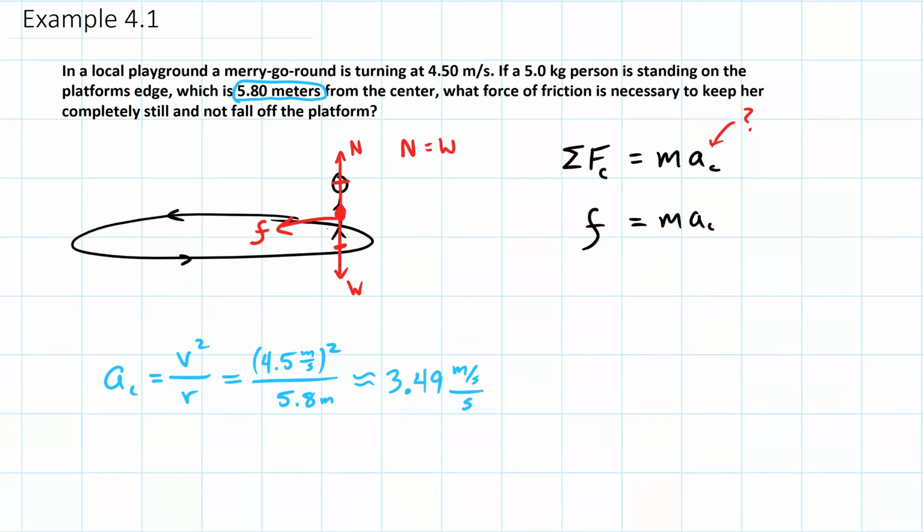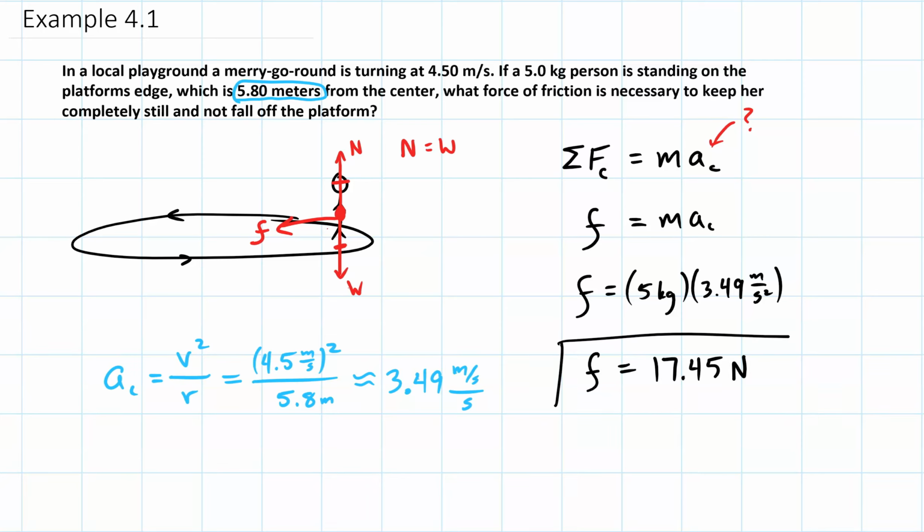We know the mass and we know the centripetal acceleration, so now it just comes to plugging in values. The friction force is equal to their mass, which is 5 kilograms, times the centripetal acceleration. When you multiply all that out, the friction force comes to 17.45 newtons, because it is a force.